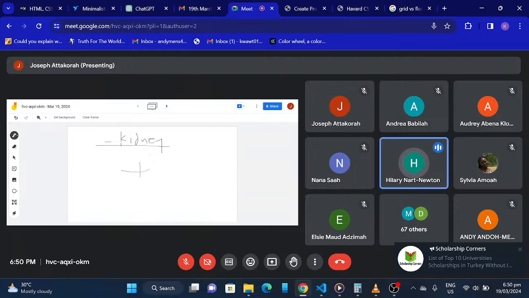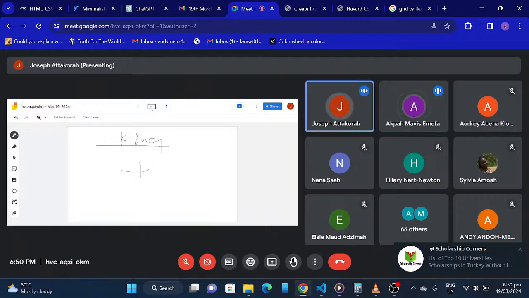Maintaining electrolyte balance within the system. So what's again? Electrolyte balance. Good. What's again? It also aids in the metabolism of some medications. Good. Metabolism of some medication.